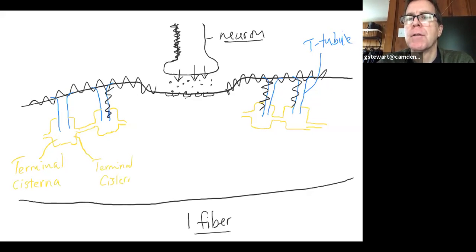Associated with each T-tubule, which is in blue, this thing, sorry, I thought I had yellow. The terminal cisternae's function is to store calcium ions.